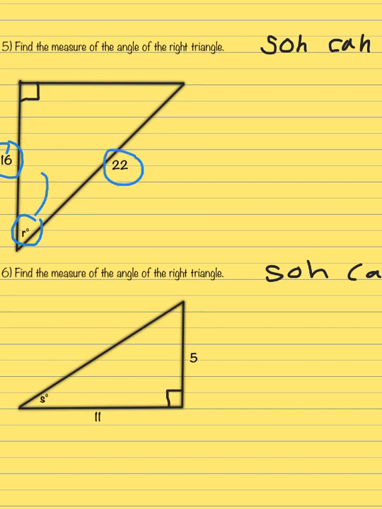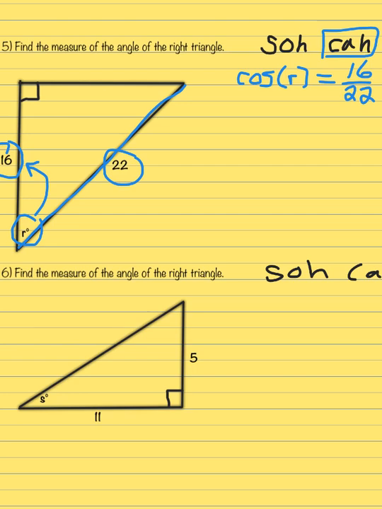The 16 is adjacent and the 22 is the hypotenuse. So adjacent and hypotenuse would be the cosine. Cosine of my angle measure, which we don't know, is equal to adjacent 16 over hypotenuse 22.